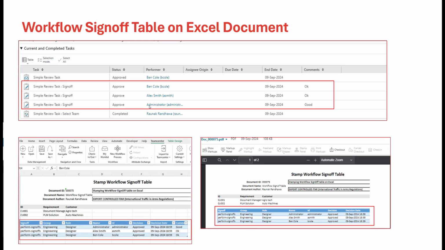We had Ben, Alex, and administrator approve this document for us, and once that was approved, it was stamped on the Excel itself, and after checking it in, we could see the PDF created with a workflow sign-off table on it. Let us take a look at it in a live environment.